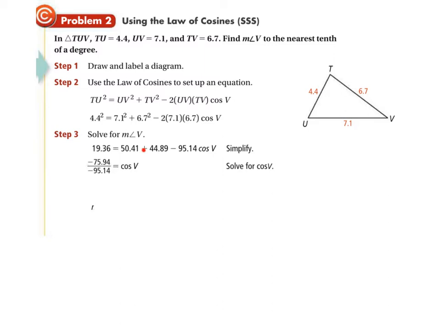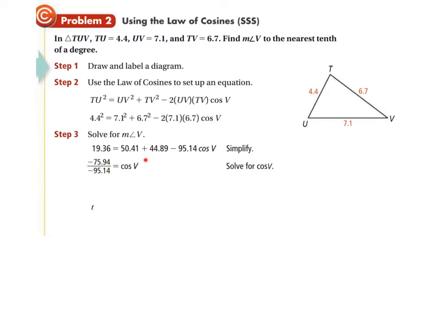Add these together and subtract that amount from both sides so that you're going to end up subtracting more than you have over here, and it's going to be negative, but that's okay because this is a negative number, so you're going to divide a negative divided by a negative to get just cosine of V. Now this is a ratio, which by the way, the negatives cancel out, so you could just leave that out, but this is a ratio of one number over another number.